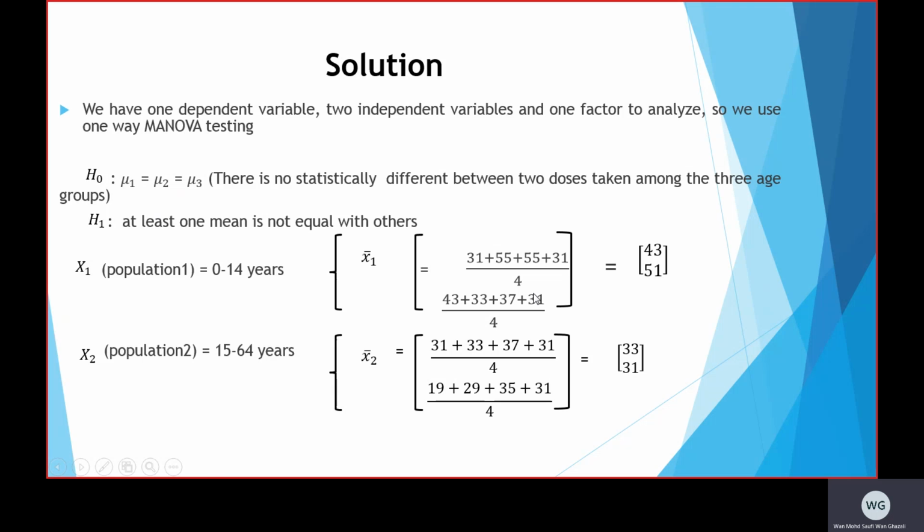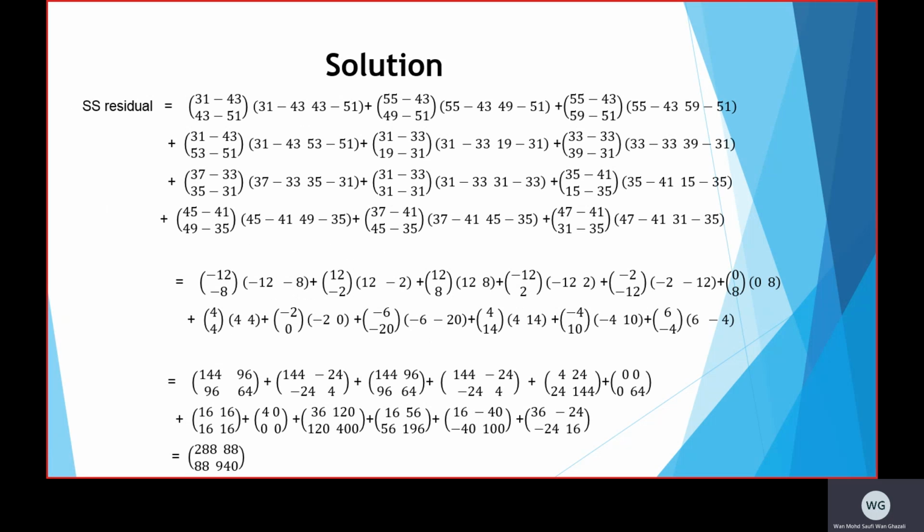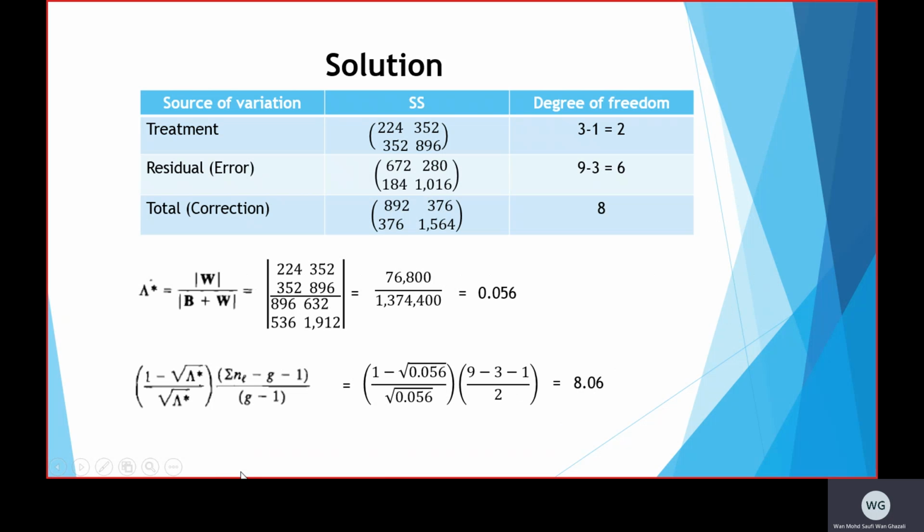We got SS residual, 288, 88, 88, and 940. And we also got SS total from the summation of treatment and residual: 892, 376, 376, 1564. Degrees of freedom 2, 6, and 8.